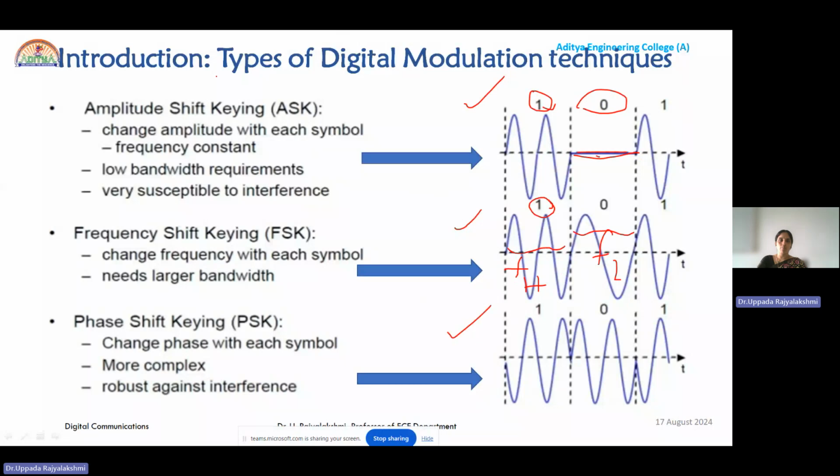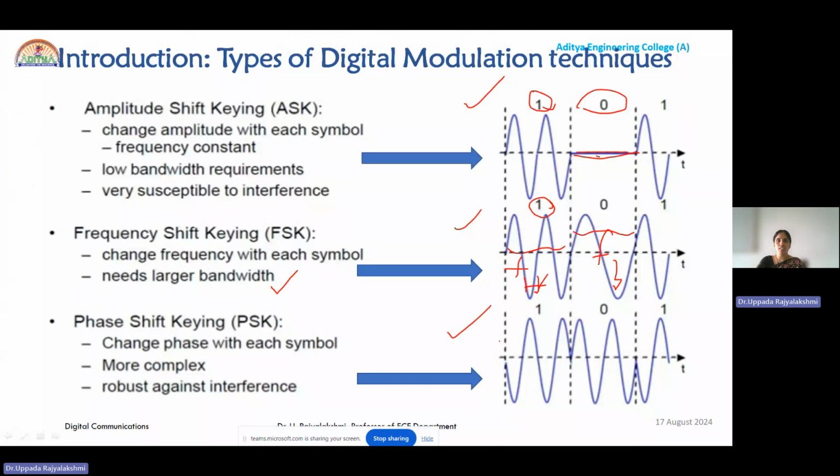And because there are no amplitude variations in FSK and PSK, these two are somewhat noise immune. Similarly, FSK needs a larger bandwidth because we have to produce 2 different frequencies for a binary shift keying technique.